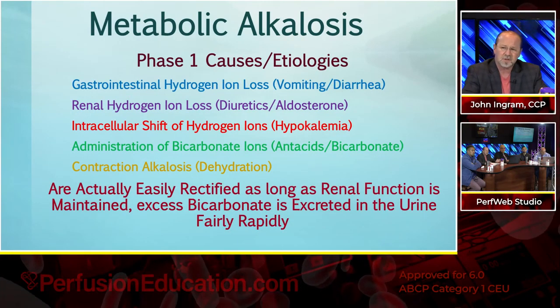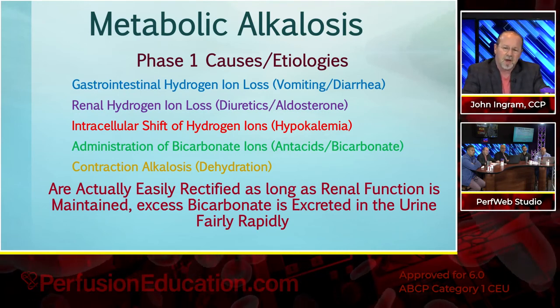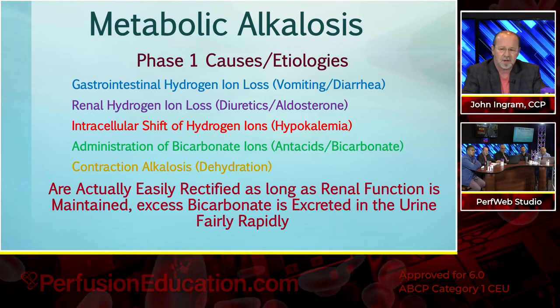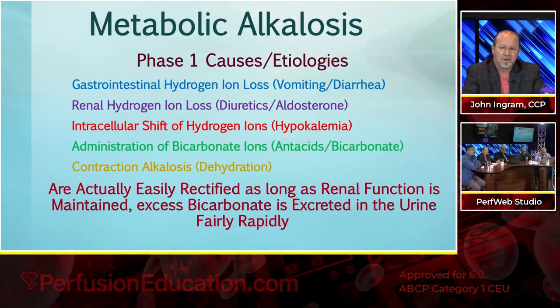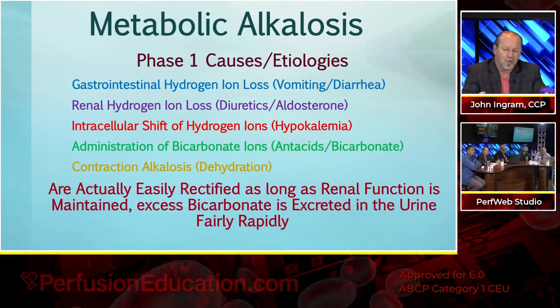So back to the causes, or the etiologies, phase 1 of this. Those 5 things are actually easily rectified as long as renal function is maintained. Excess bicarbonate is excreted in the urine fairly rapidly. A lot of us have had vomiting or been dehydrated, and we don't go into metabolic alkalosis.